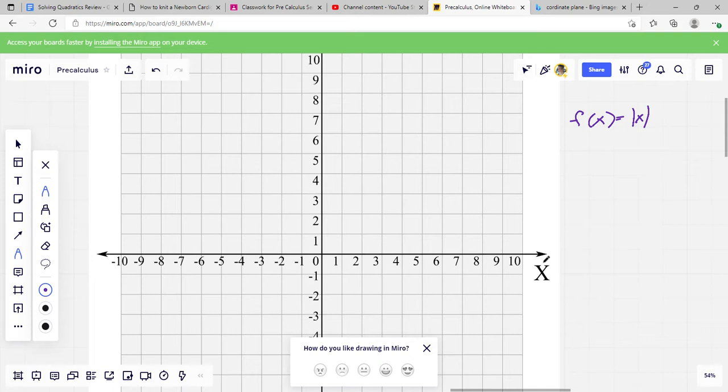Remember, f of x is just y, right? So if x was 0, then y would be 0. If x was 1, y would be 1. If x was negative 1, y would be positive 1, and so on and so forth, all the way up in a 45-degree angle there.